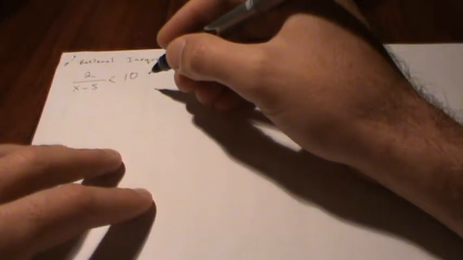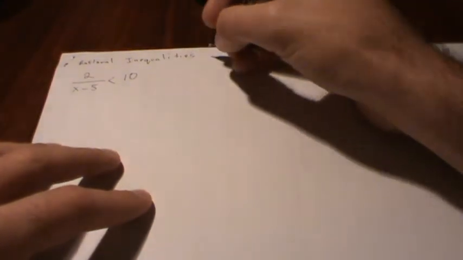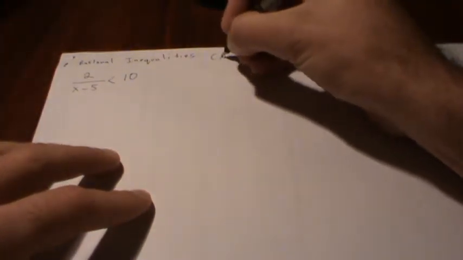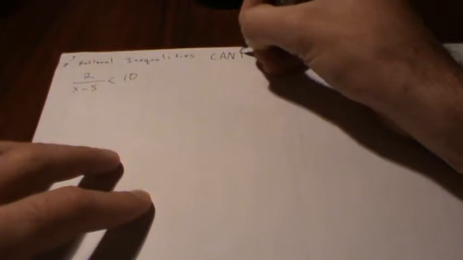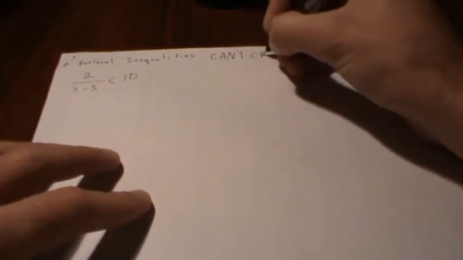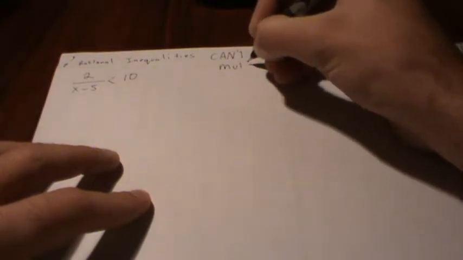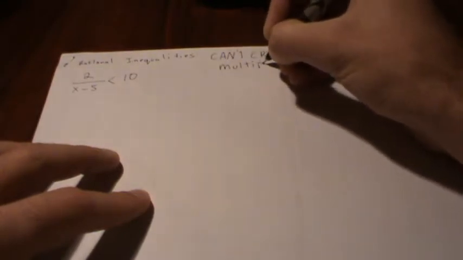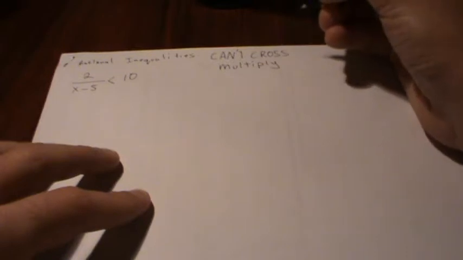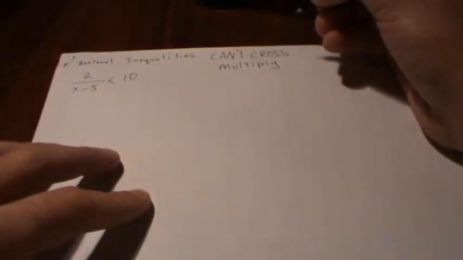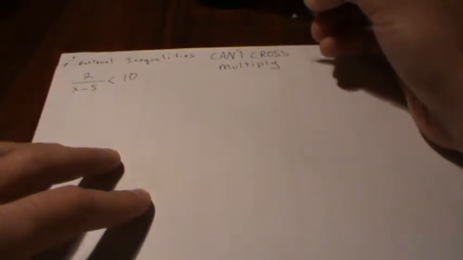So remember, for rational inequalities, you can't cross multiply. Do not do that. It will cause a big problem for you.